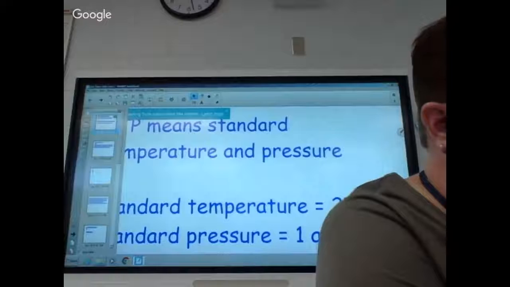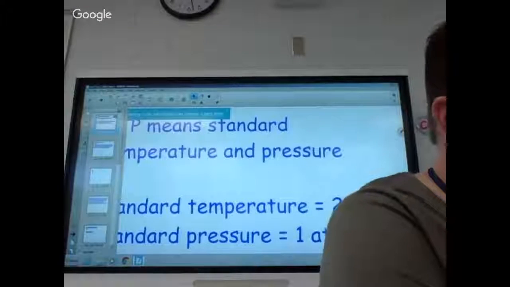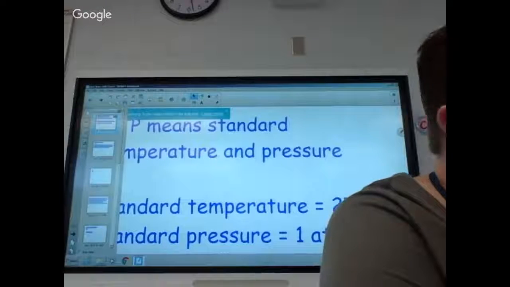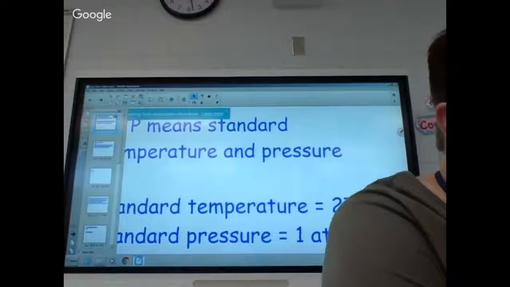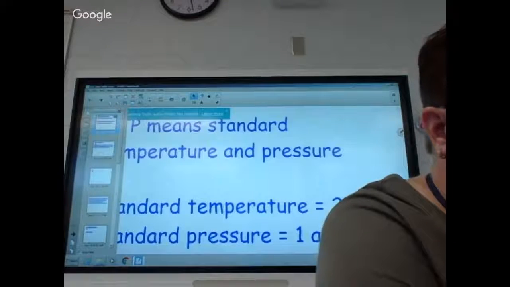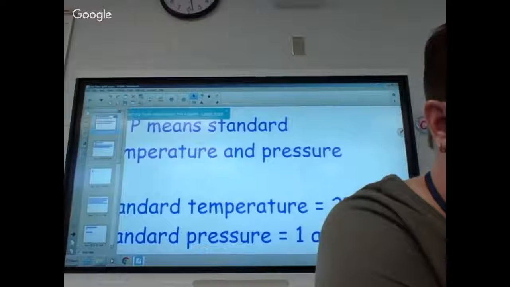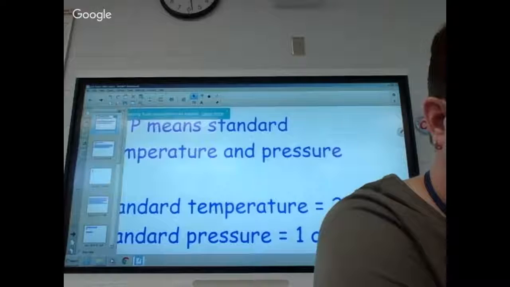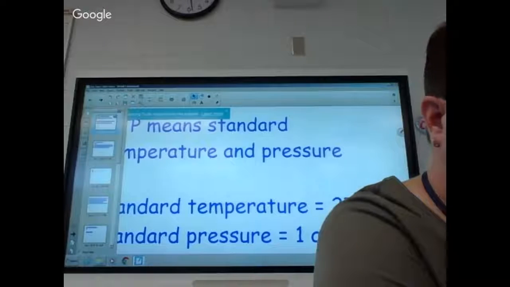So 2B would be 1.50 times 10 to the 24th molecules. 3B would be 17 grams. 4B would be 78 liters. 5B would be 0.25 moles. 6B would be 5.5 grams. And 7B would be 2.8 liters.